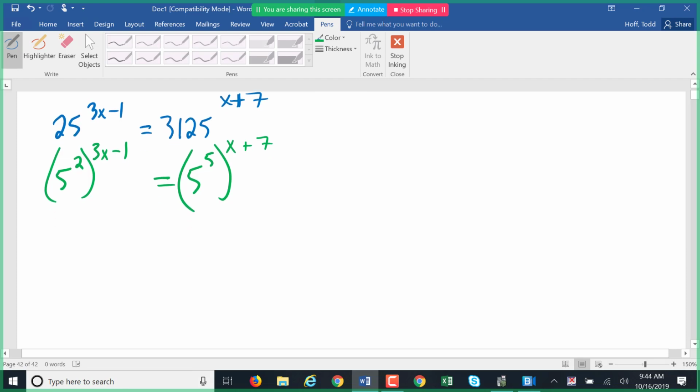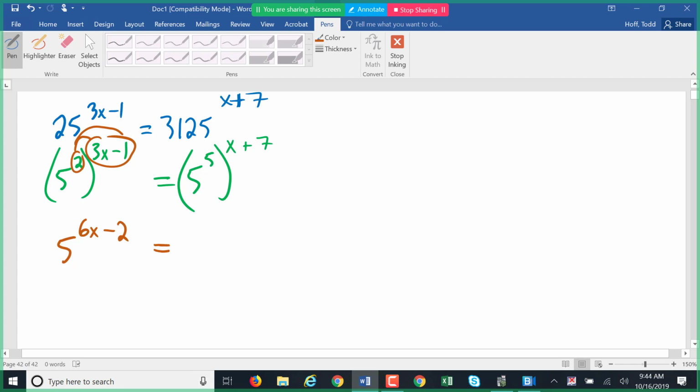Now we need to use our properties of exponents to combine those powers. 5 squared to the power of 3x minus 1. Remember, when we have a power of a power, we multiply the powers. We're basically distributing the 2 through the 3x minus 1. Gives us 6x minus 2.